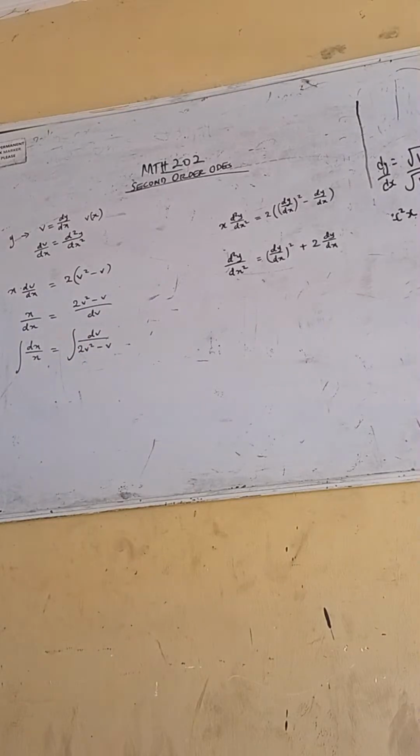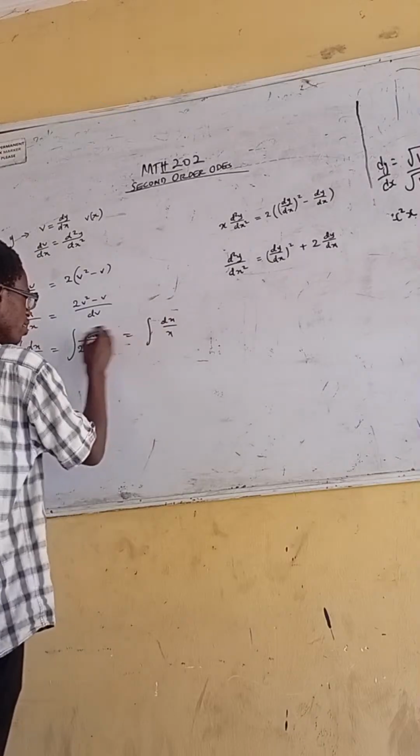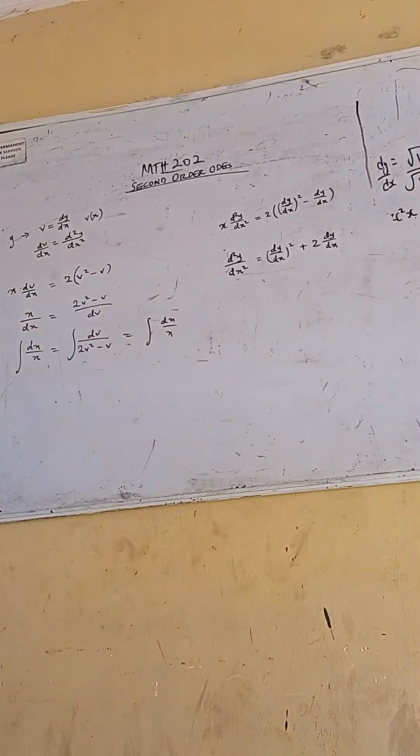That would be 1 over x. So ln x, no, let me take this to the other side. Equals the integral of dx over x. Now let's integrate this one. For this one, we have the integral of dV over 2V into bracket V minus 1. I can bring my 1 over 2 out.